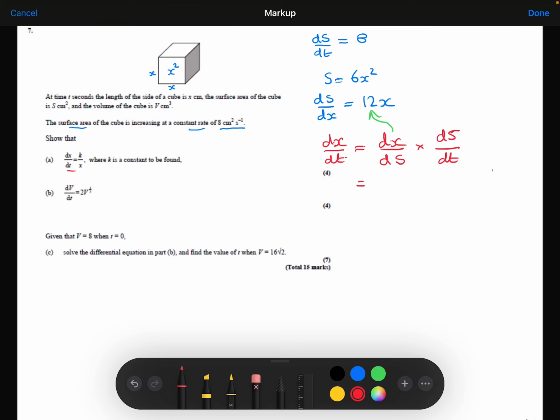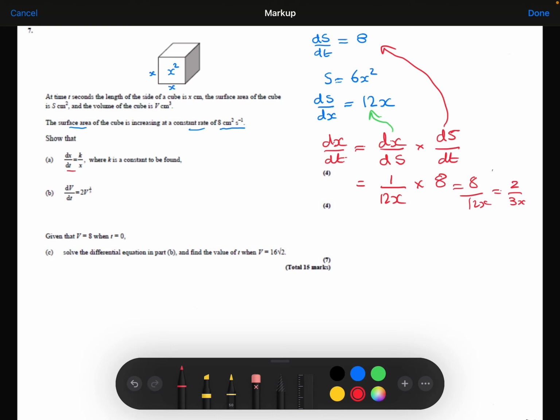So I can then say that dx by dt is equal to 1 over 12x times the 8 that I was given in the question, which is 8 over 12x, which simplifies to be 2 thirds times 1 over x, or 2 over 3x, written like that.